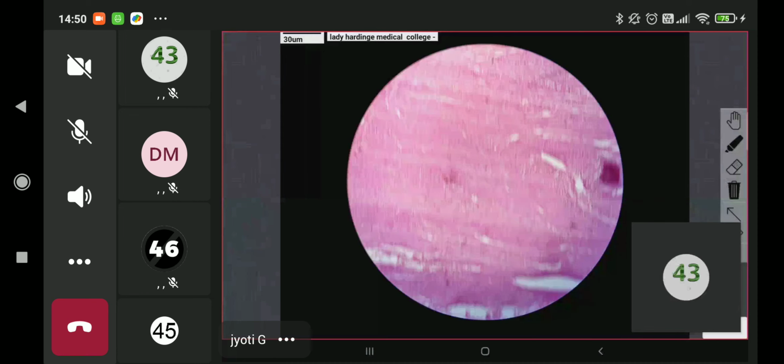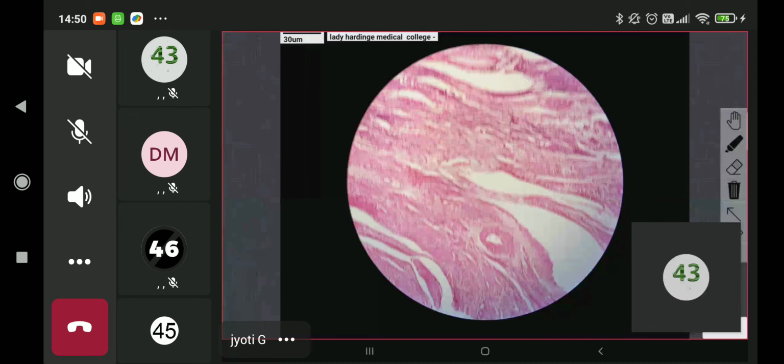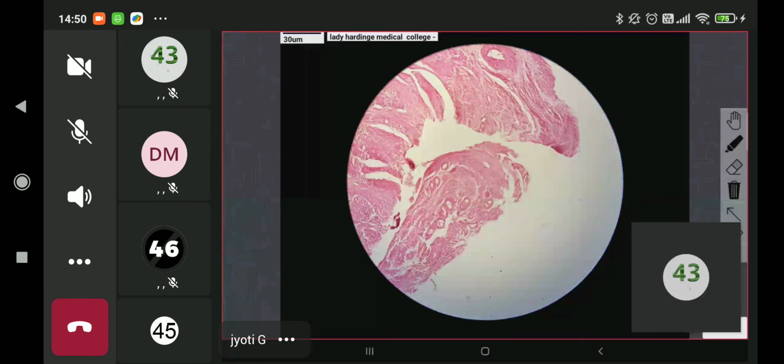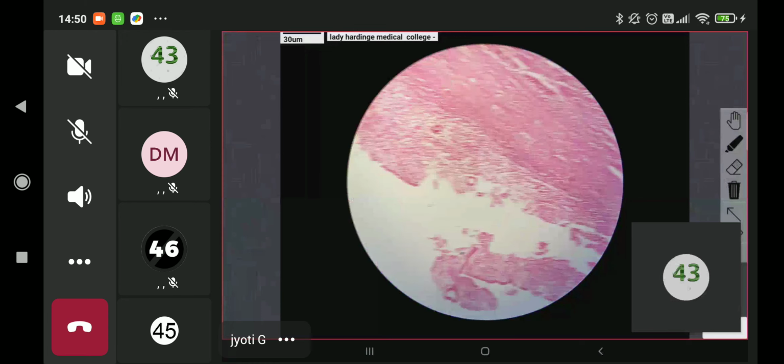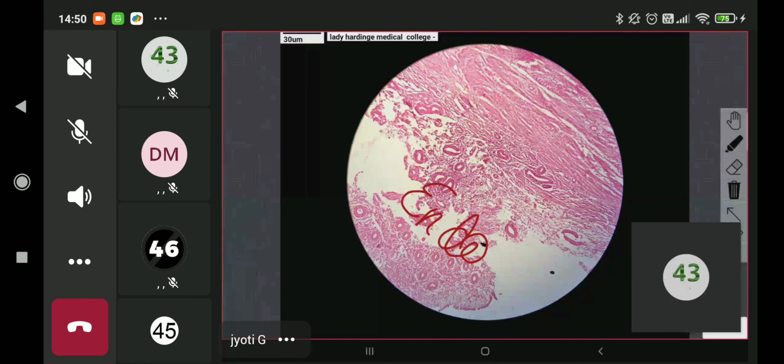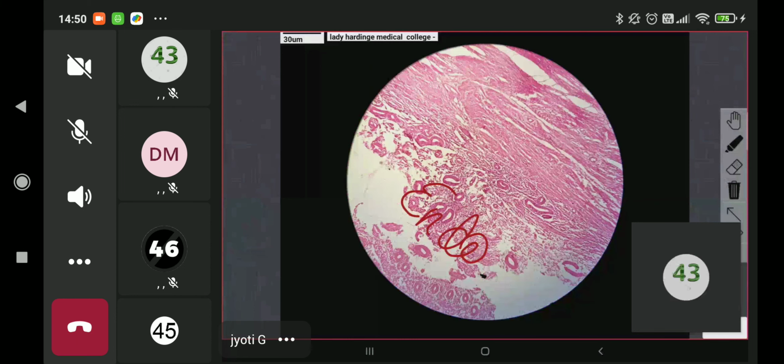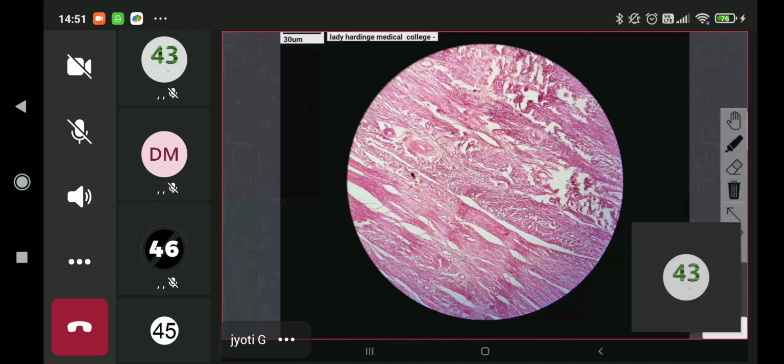Okay. So I will again, at high power, move the slide around. This is the endometrium, on the surface. This is the normal myometrium.